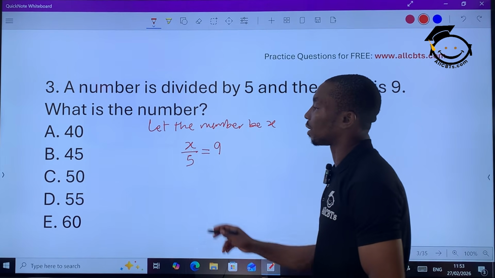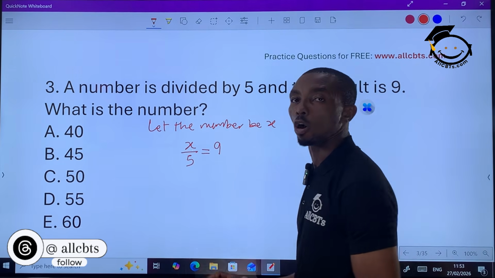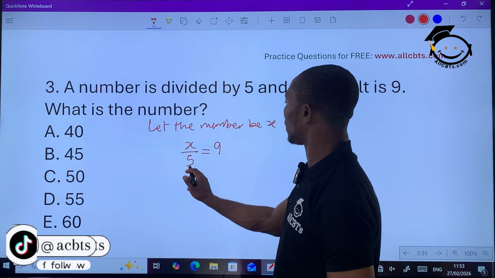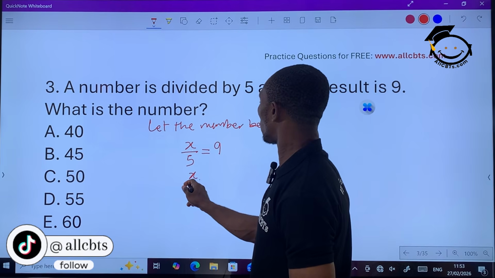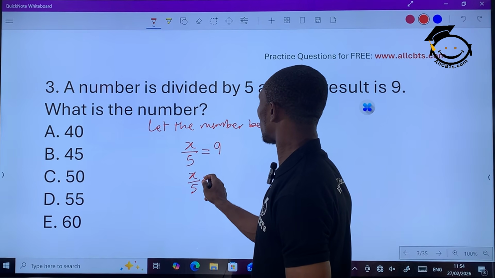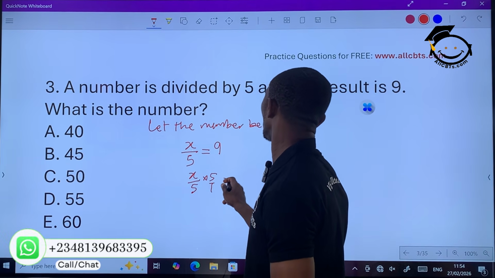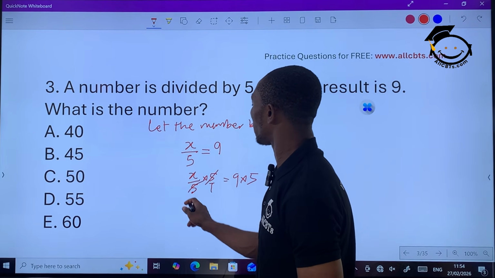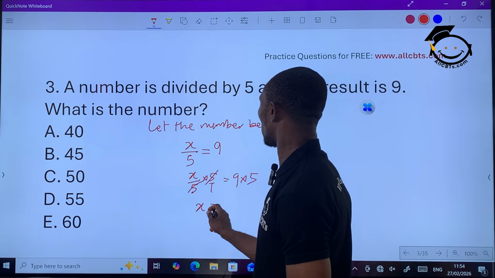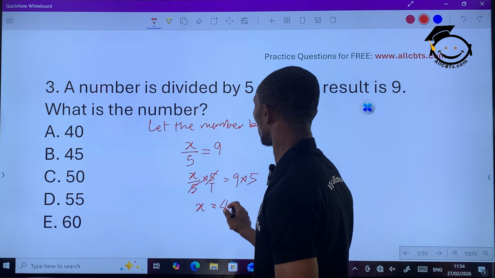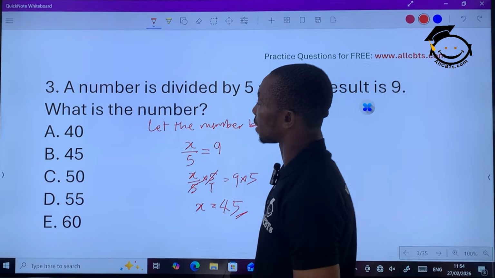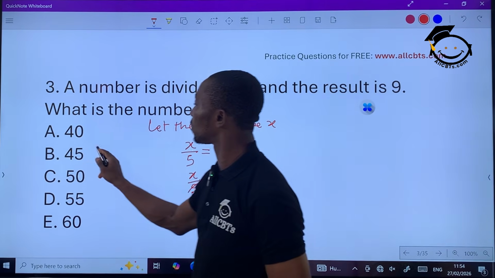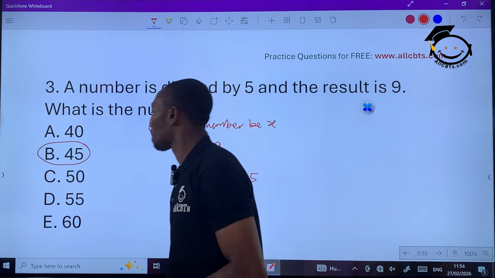So we can now multiply both sides by 5. Having this as x over 5 times 5 over 1 equals 9 times 5, 5 cancelling 5 leaves us with x equals 9 times 5, 45. So the number that is divided by 5 to give 9 is 45.